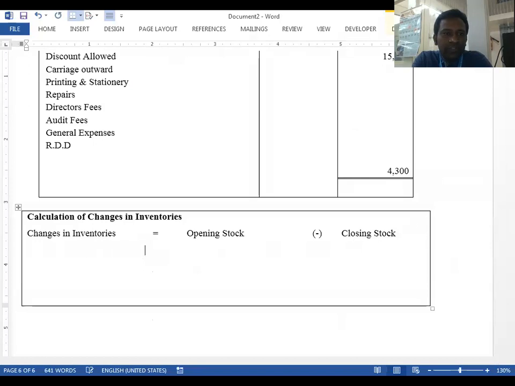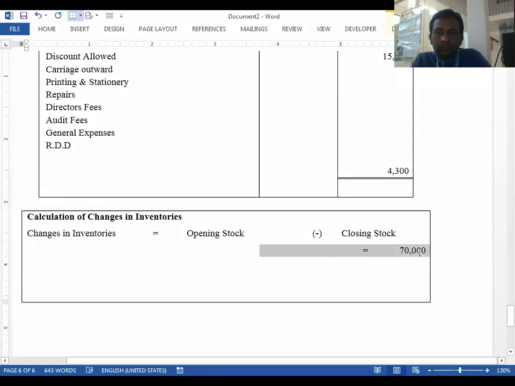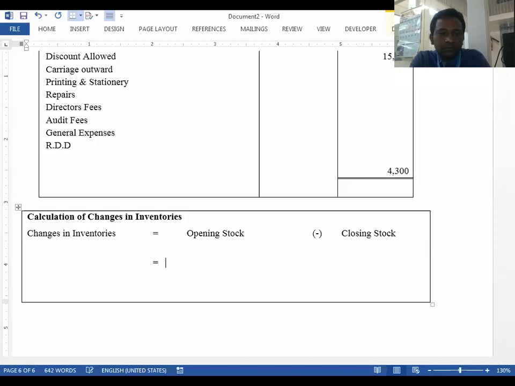Opening stock minus closing stock. 70,000 is the opening stock and minus 60,000 is the closing stock.